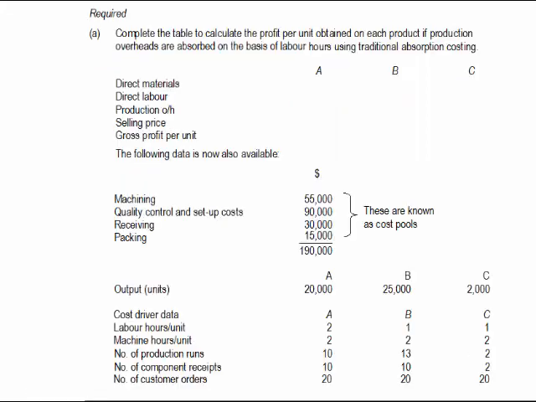So, in part A, we're going to complete this table to calculate the profit per unit if we use traditional absorption costing. So let's start off with just transferring some of the data that we've got from our question into this table. So we've got materials cost, which is 5 for A and 10 for B and 10 for C. We've also got labour cost.